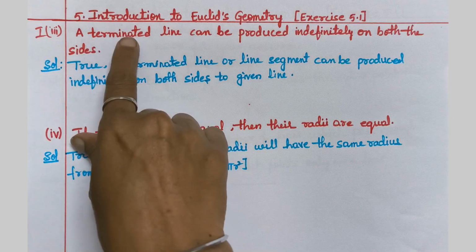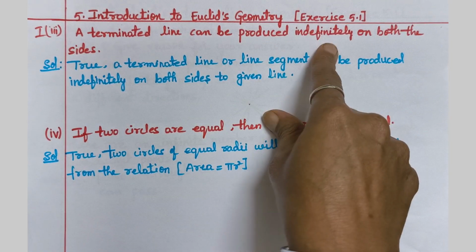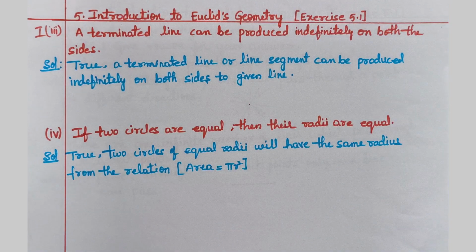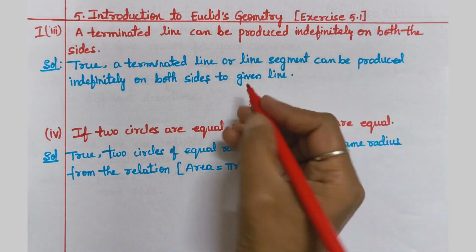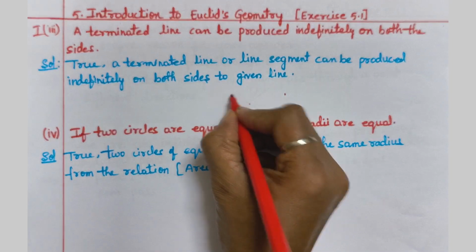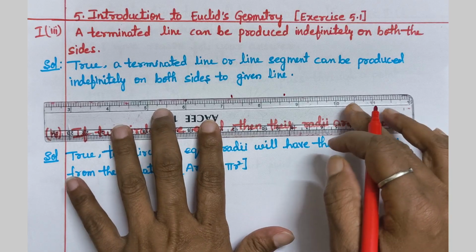Now third question. A terminated line can be produced indefinitely on both sides. This is the question. I am taking a terminated line. Terminated line means line segment. I am joining here.